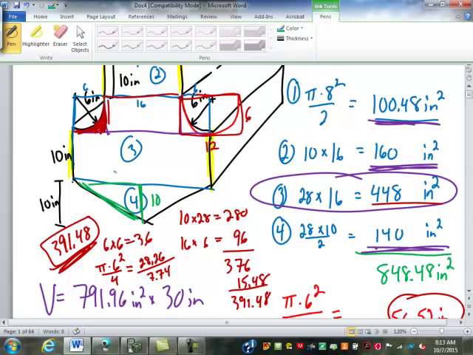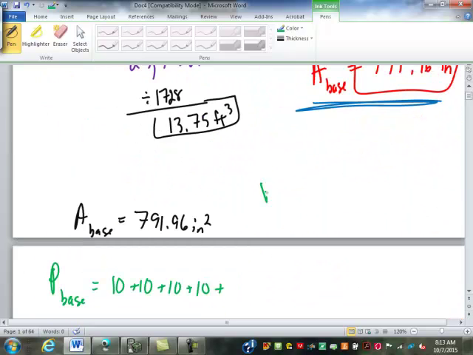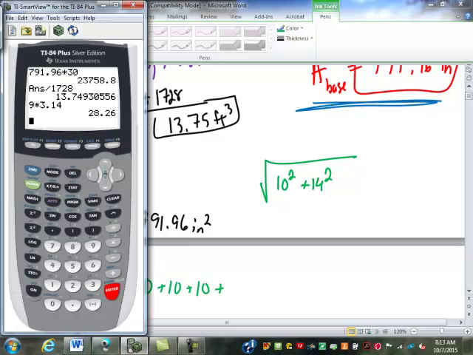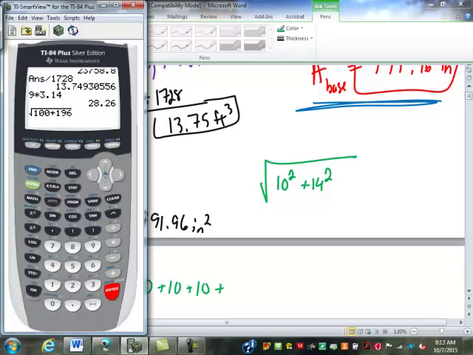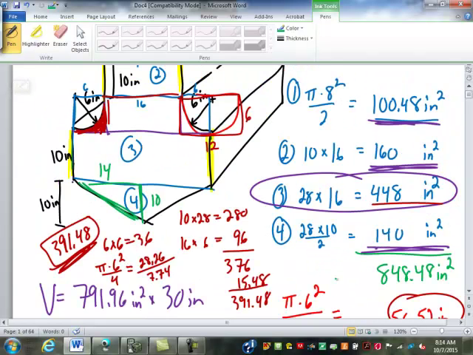If this is 10, and this was a 28 all the way across, this is 14. So that's going to be the square root of 10 squared plus 14 squared, right? A squared plus B squared equals C squared. You're correct, 17.2. So 17.2 plus another 17.2, because there's one over here too.